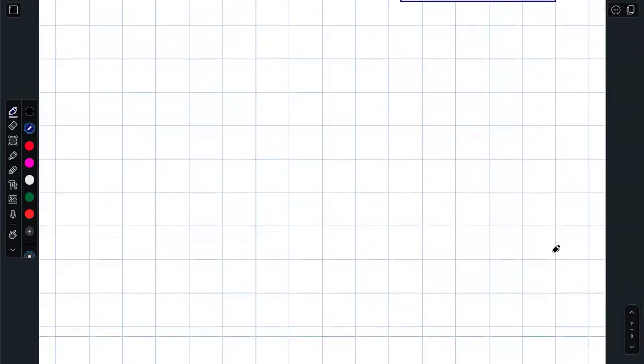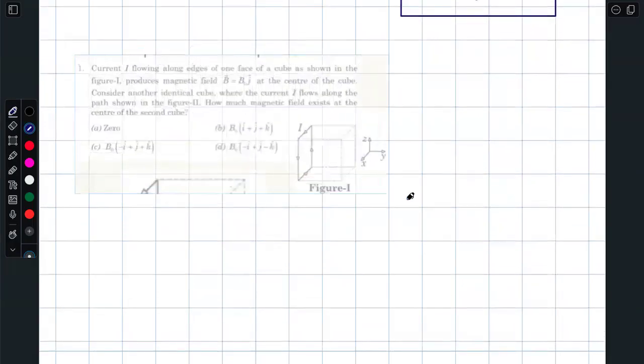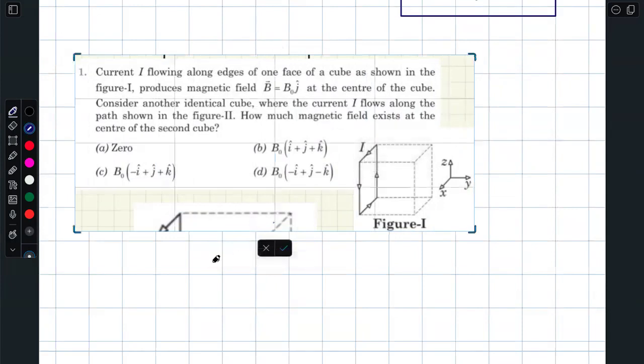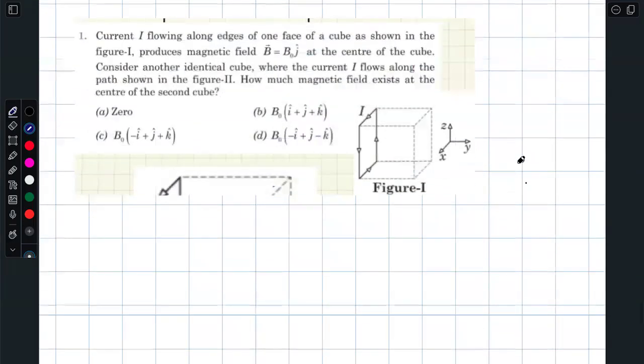Next question is a pathfinder question. This is a pakka pathfinder question.